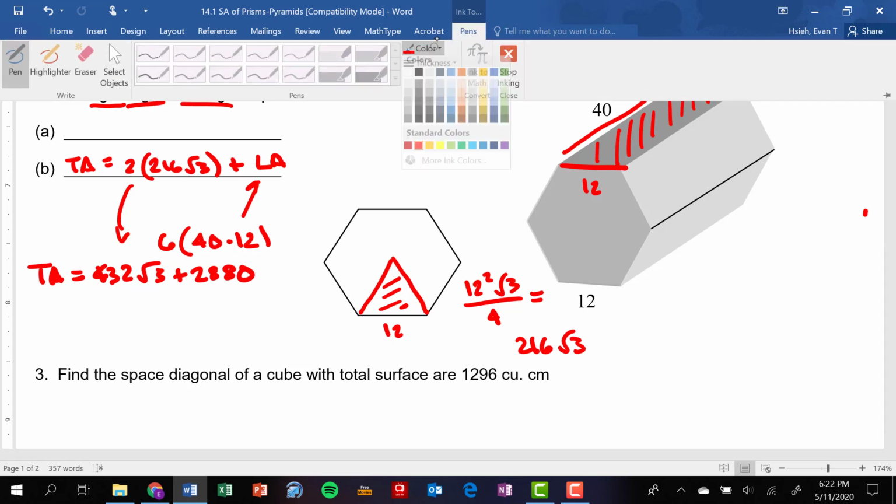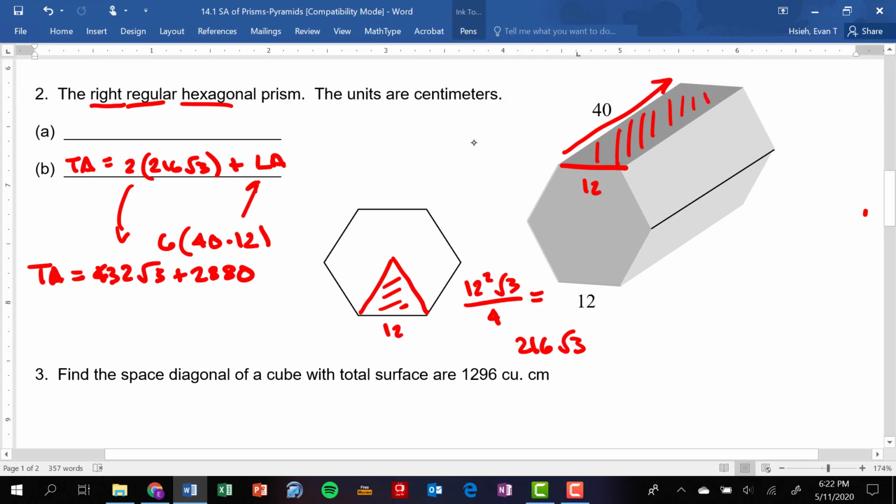Now, the other thing you can do here, just as an aside, is if I'm looking for the lateral area of a prism, I can take the perimeter of the base. In this case, it's going to be 12 times 6. And I'm going to drag it along this length, which is 40.